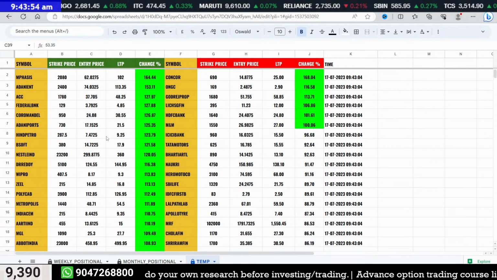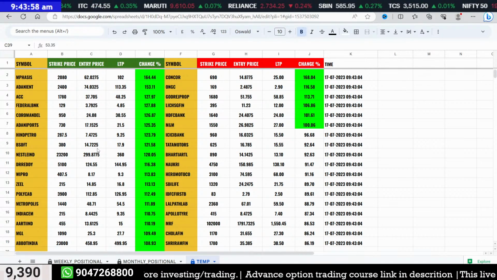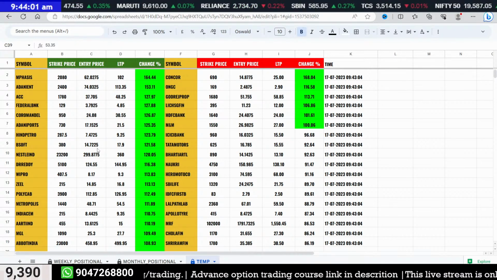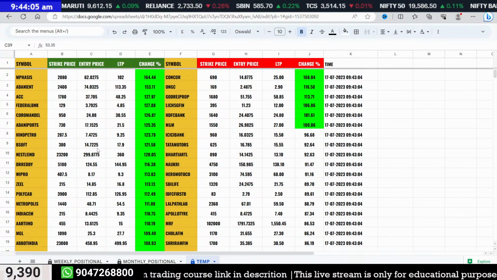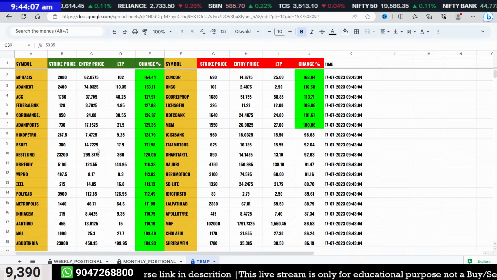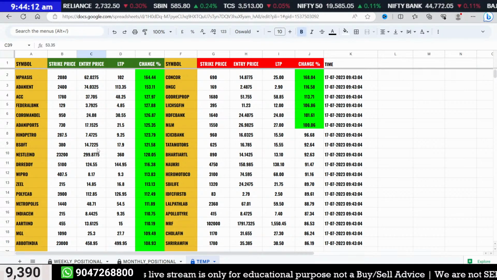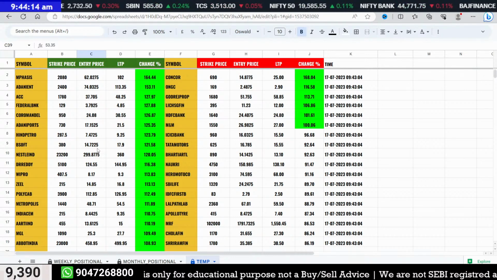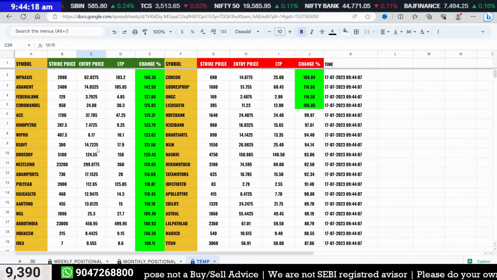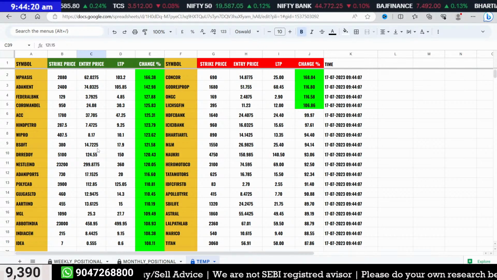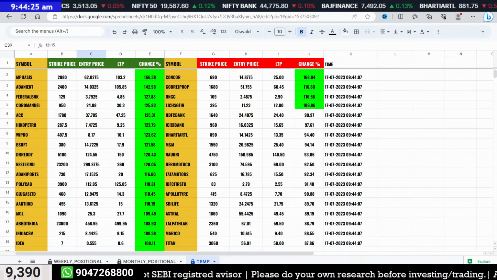GoForce. Tata Motors will also be there in the top. HDFC Bank, okay, HDFC Bank 1640, ICICI 960.